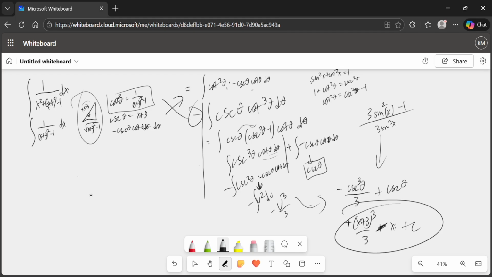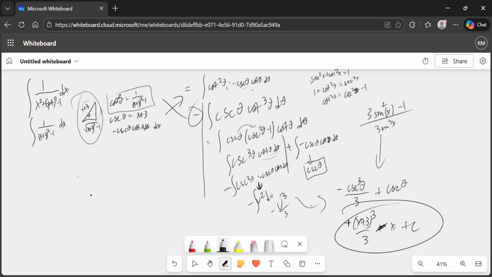And then you have minus 1. Yeah. And then you have your dx, and you multiply these. You get that. So what is going on here? Cotangent theta.